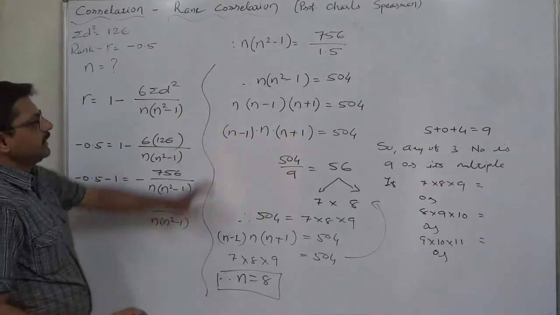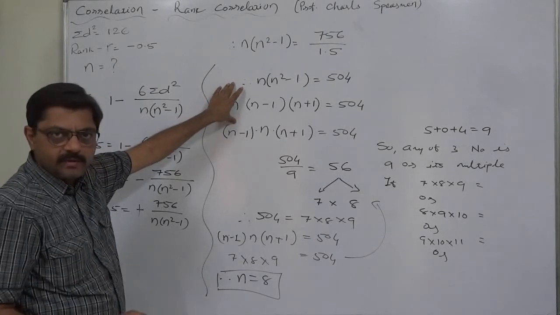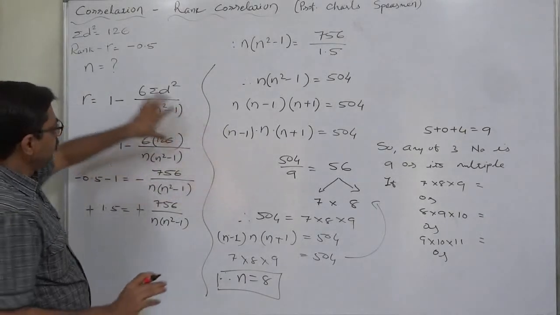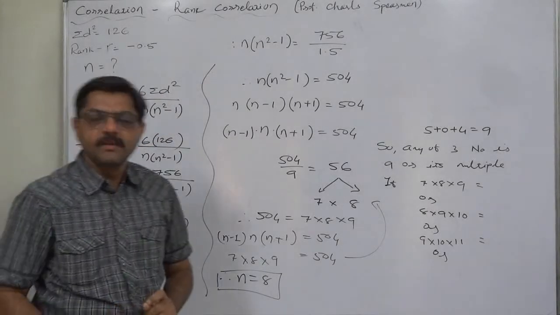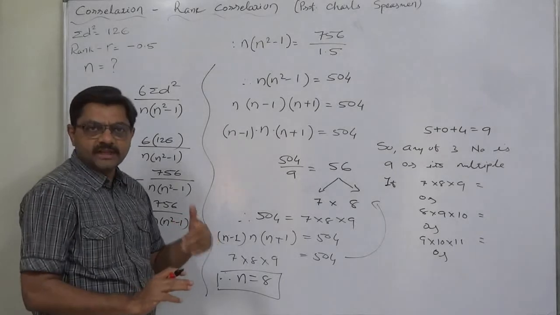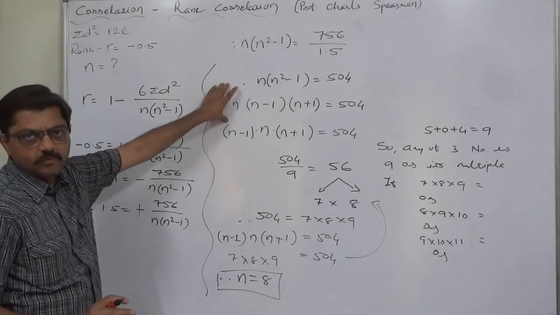I repeat, there are other ways also to solve this problem, but mostly these kinds of problems are asked with a weightage of 1 or 2 or 3 marks only. So we do not require to invest longer time to solve this kind of problem.